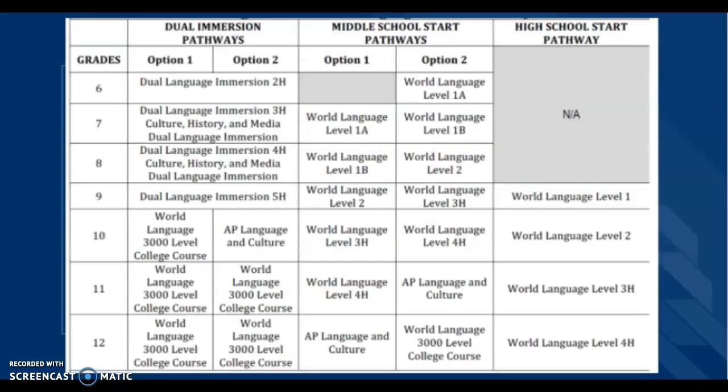You can see the different language pathways. So if you started a world language in middle school, you can use this chart to see which one you should go into for next year. Again, a world language is not required for graduation, but it is required for the honors and advanced diplomas.